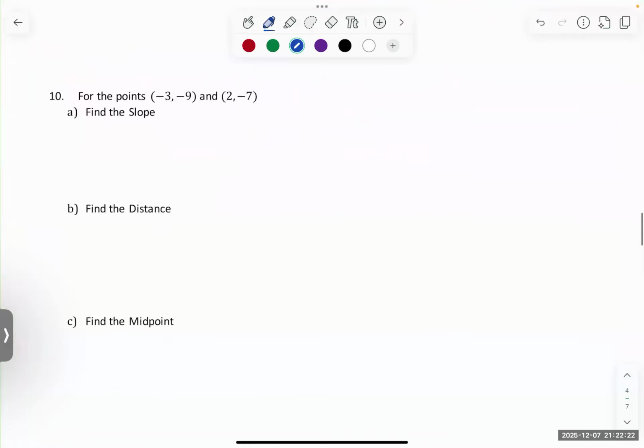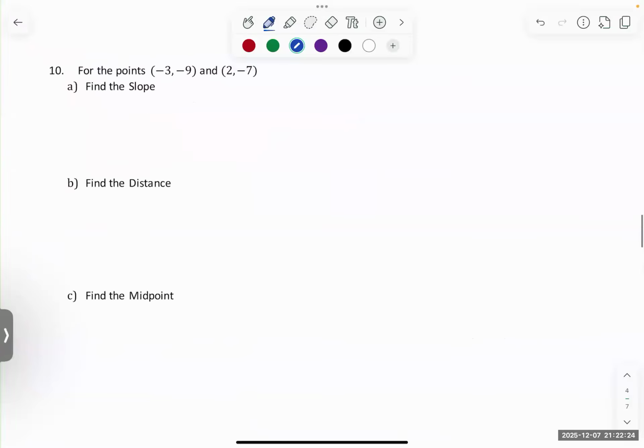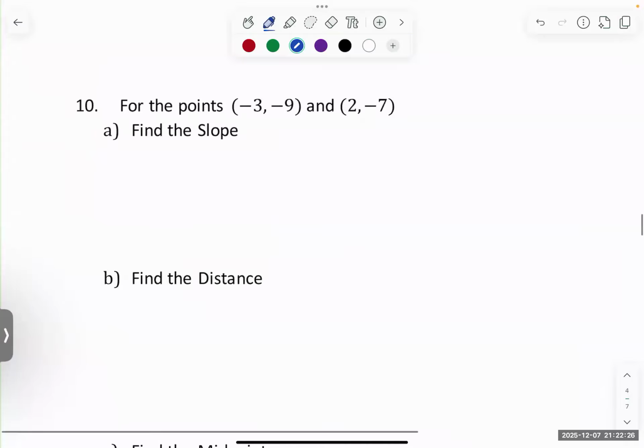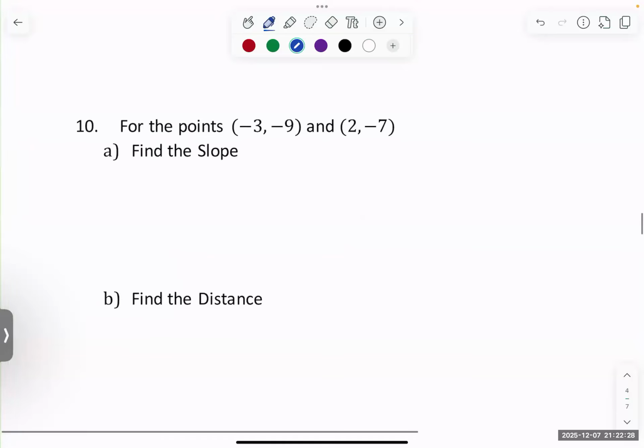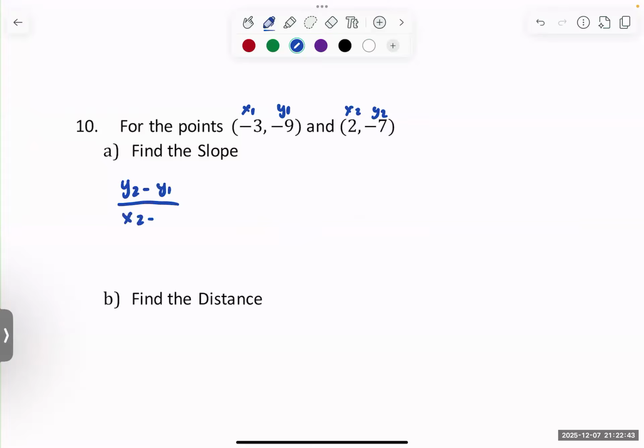All right, for this next one, for the points, find the slope. So slope is, if I were to label this as x1 and y1, x2 and y2, the slope is y2 minus y1 over x2 minus x1.